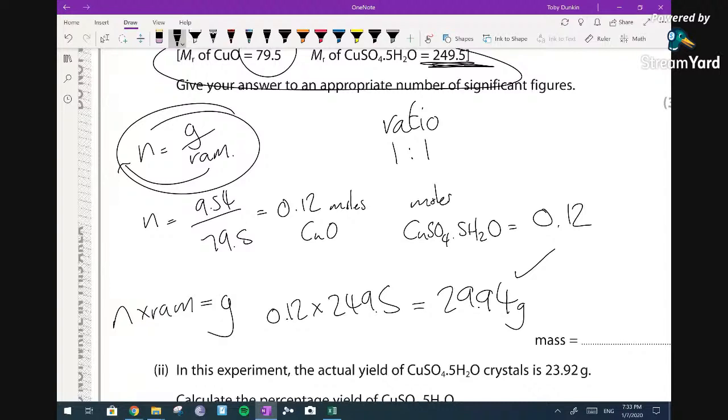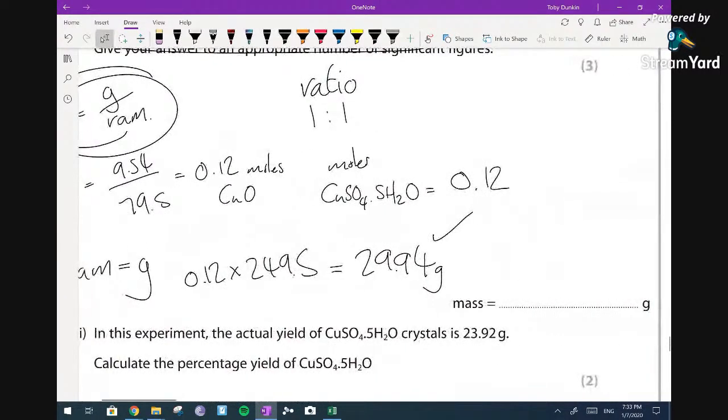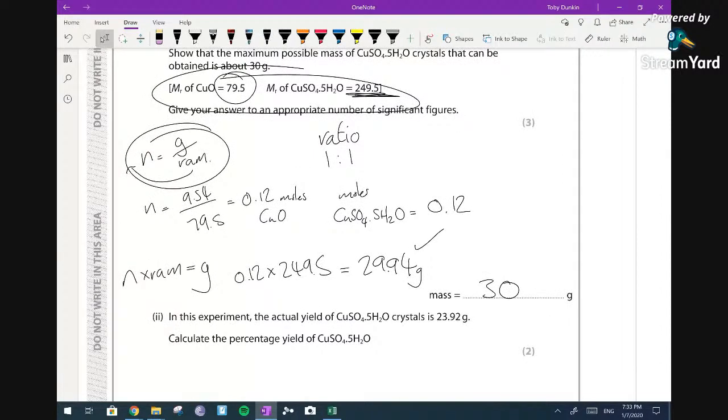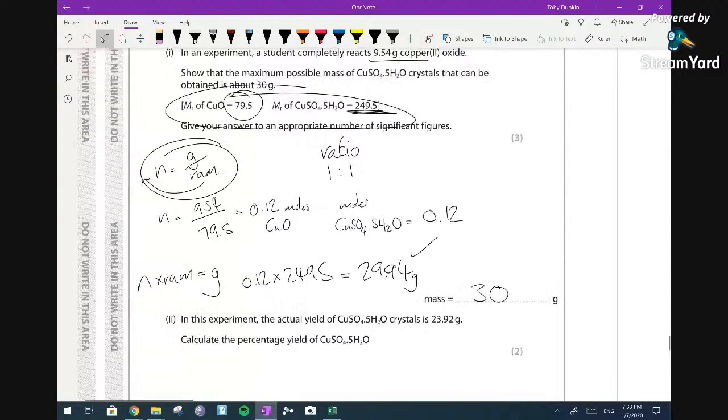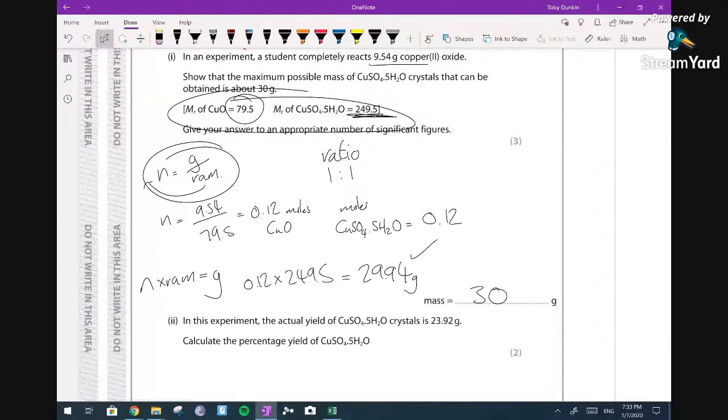Don't round to 30 straight away. Therefore, the mass is 30 grams because it gets rounded. If it says give your answer to the appropriate number of significant figures, well, in that case it's 3, so I would leave it exactly the way it is and then go 30.0. It rounds. We're good. Next.